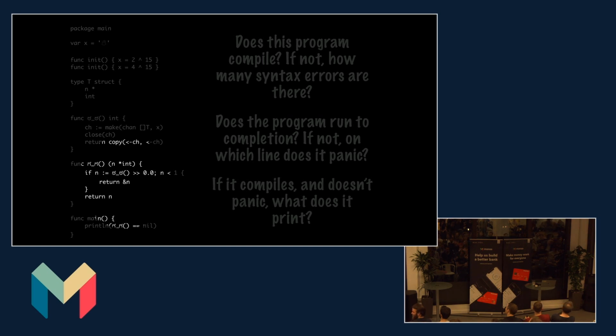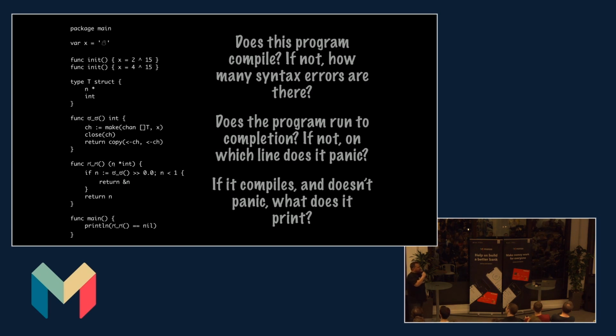So it is not a pointer to a pointer of int. It is the address of that n, not that n. So if you take anything away from this, it is named return values will bite you in surprising ways. Please don't use them.